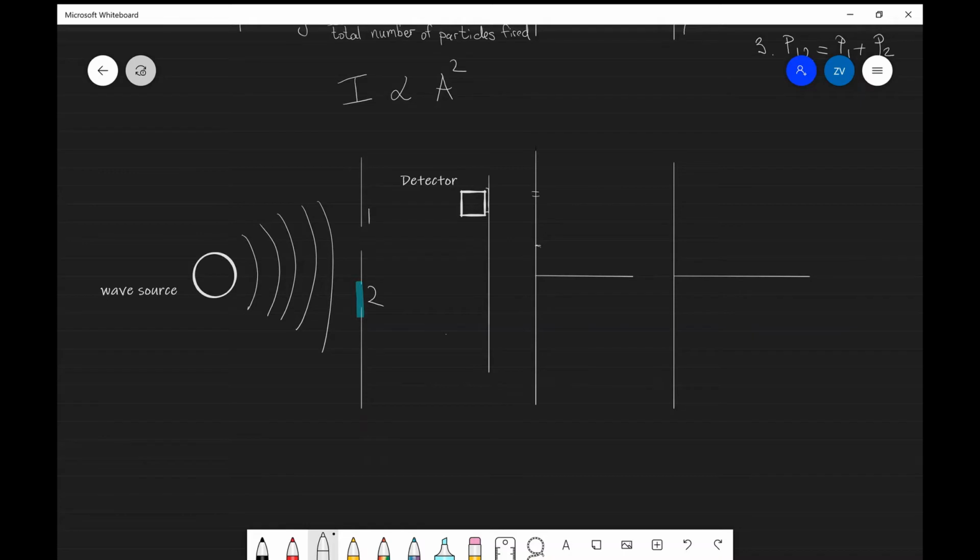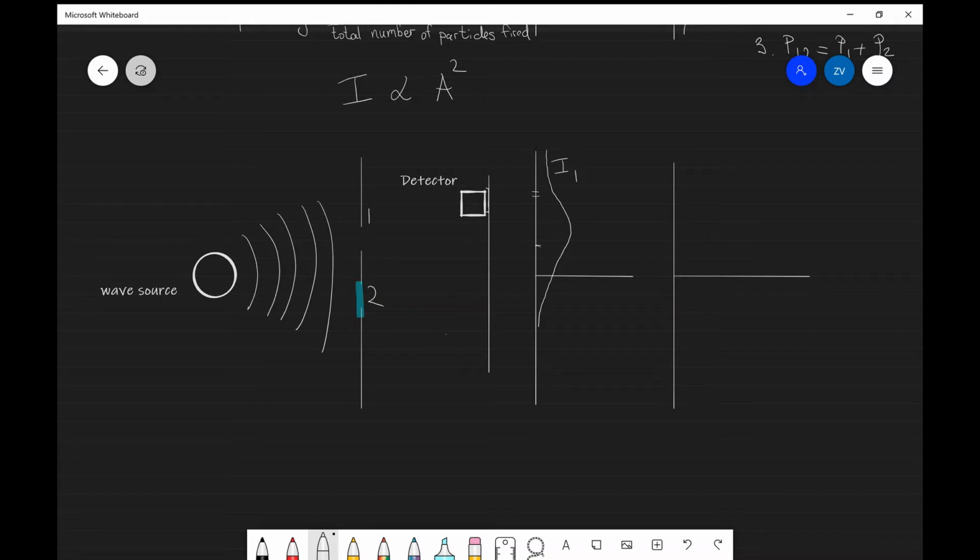So the intensity of the wave with just slit number 1 present is going to be fairly similar to what I would expect. Just opposite the opening, we're probably going to have quite a high intensity of the wave. So we can sketch that with a picture similar to this one, and then the intensity is slowly going to drop, approaching 0. I'm going to call this I1.